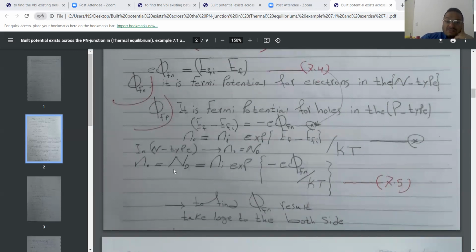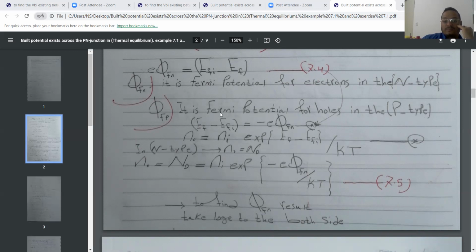That means the donor concentration equals the intrinsic carrier concentration times the exponential of minus e phi Fn divided by the Boltzmann constant times temperature. That means I will just put this result here, and I will put this result there.